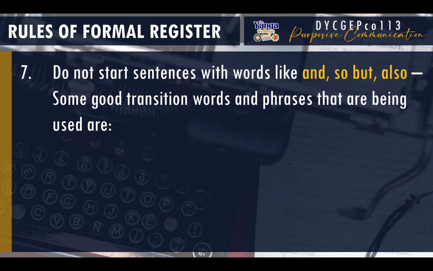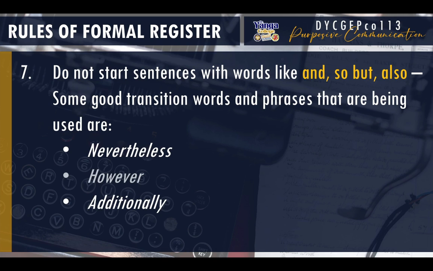Seven. Do not start your sentences with words like and, so, but, also, yun. Some good transitional words or phrases that are being used are nevertheless, additionally, however, in addition. Itong nevertheless and however, they are somewhat the same. Halos parehas lang yan. Okay? Kumbaga, gayon pa man, yun yung Tagalog or Filipino translation of that.